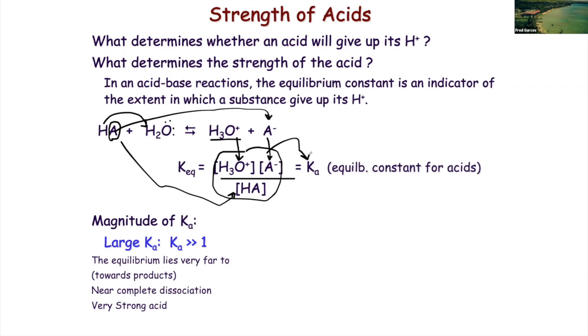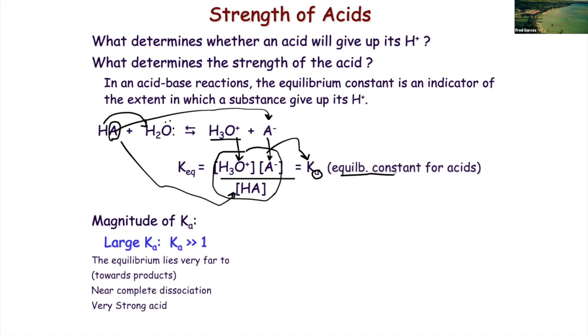And that constant value is called the equilibrium constant, or the dissociation constant, K, for acids. We call it Ka. A here stands for acid. Okay, the K stands for equilibrium constant.